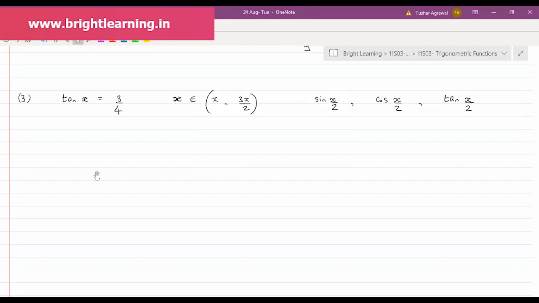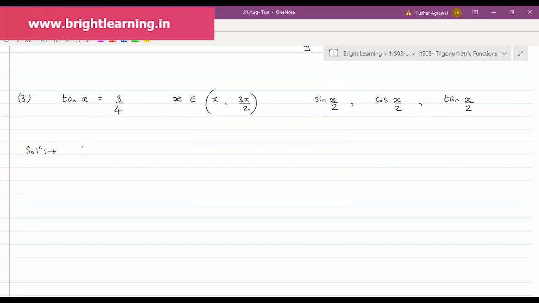Now if you see, one way to proceed is that tan of x is 3 by 4 and you want trigonometric ratios of x by 2, that is, of half of that angle.